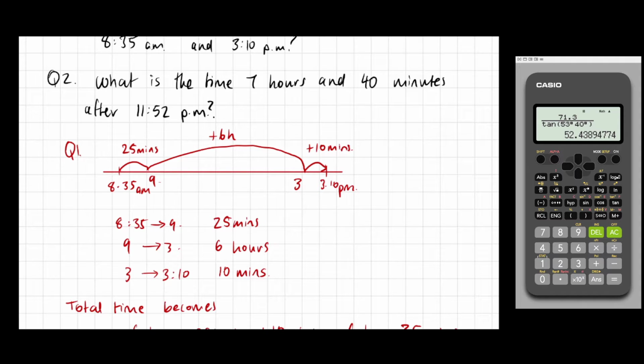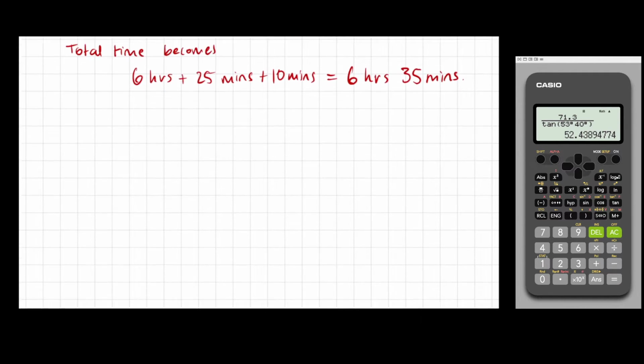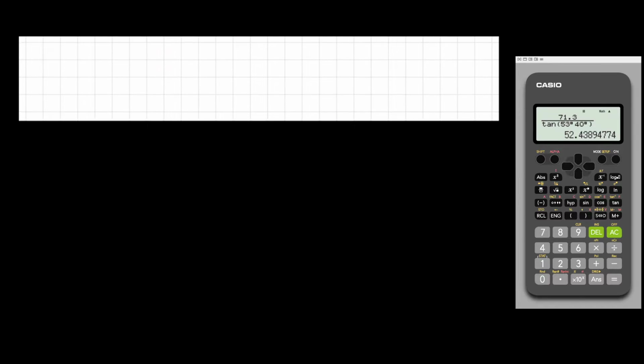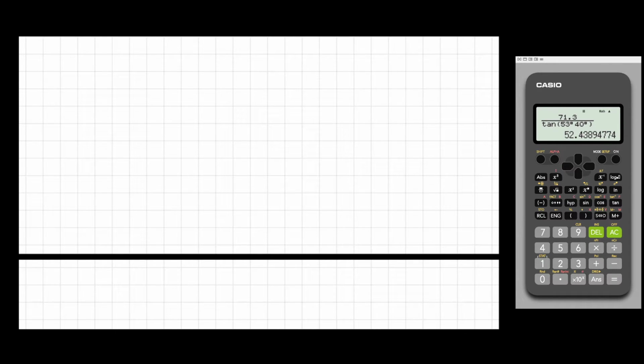Now, looking at the second question, what is the time 7 hours and 40 minutes after 11:52 p.m.? Again, another good strategy is to look at a line. Let me just quickly write down Q2.